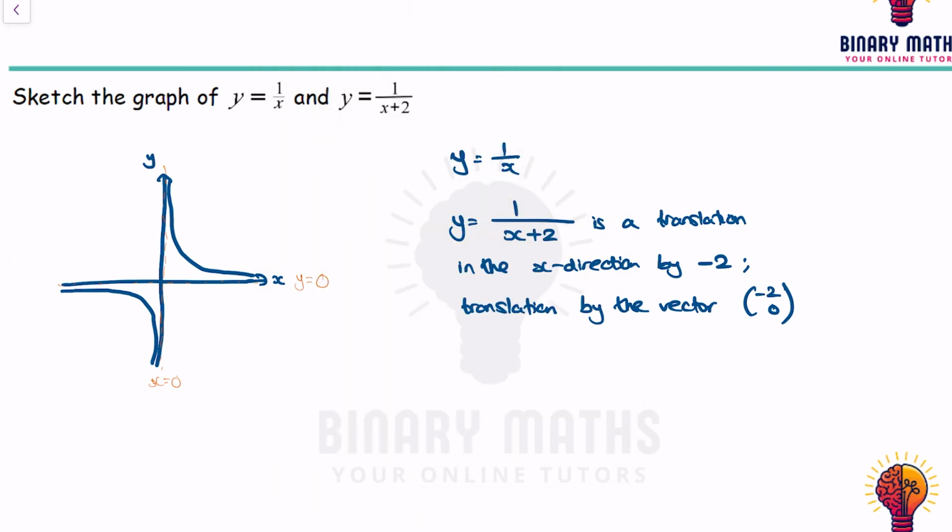So now everything's going to shift in the negative 2 direction for x. So it's going to look like so, where my asymptote moves from x equals 0 to x equals negative 2 now. And my other asymptote stays the same because it did not move in the y direction. So y is equal to 0 still. The asymptote, it's very important that you label the asymptote here.